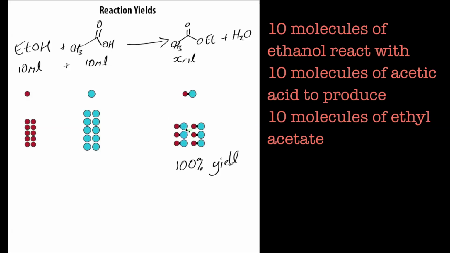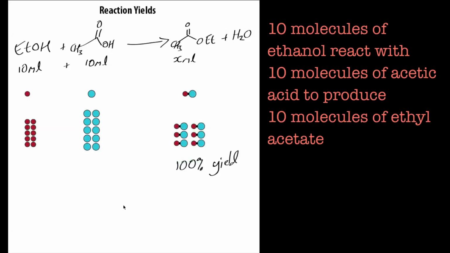Then we would have to calculate our percentage yield, because to get 100% yield would mean we get 10 molecules of this from 10 molecules of that reacting with 10 molecules of that, but we don't, we get 6 in this case.